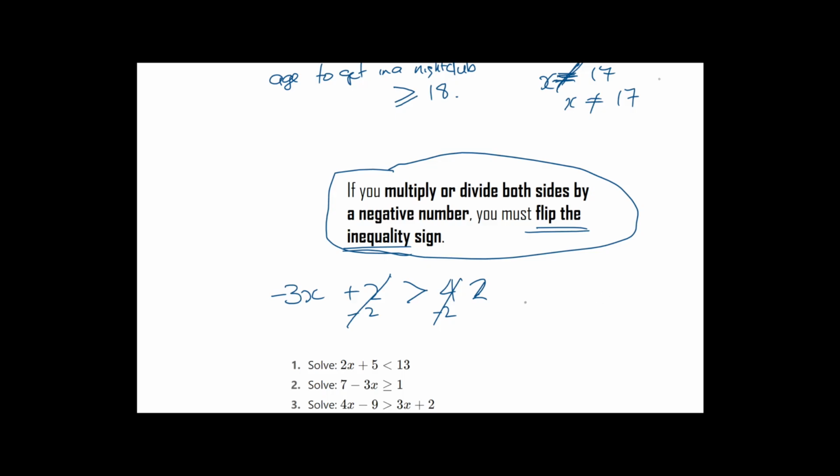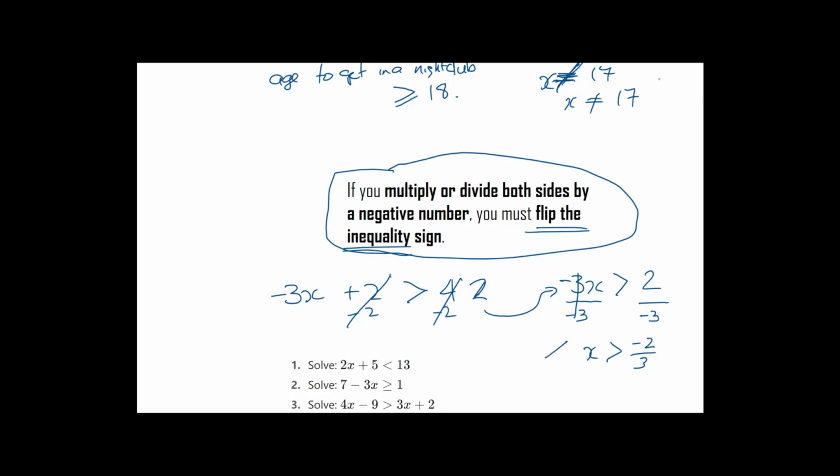So then, if we bring this across a bit, we would have negative 3x is greater than positive 2. We want to get rid of this negative 3, so let's divide both sides by negative 3. They're going to cancel. x is greater than negative 2 over 3. Is that right?